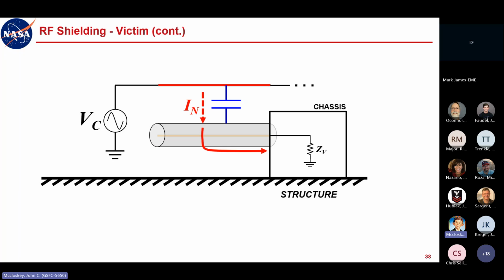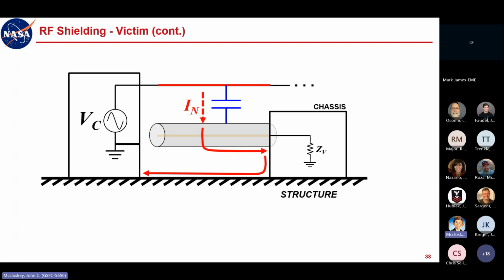So you want to bond that chassis to structure. And okay, if you don't have a metallic structure, then you've got to think that through. But by and large, we're dealing with metallic structures. This is a big part of why that's a good idea. You bond the chassis to structure so that noise current has a path to structure, but it only gets so far on structure.